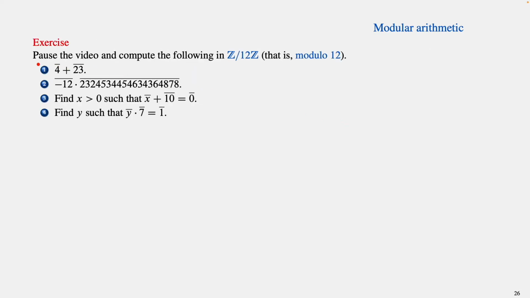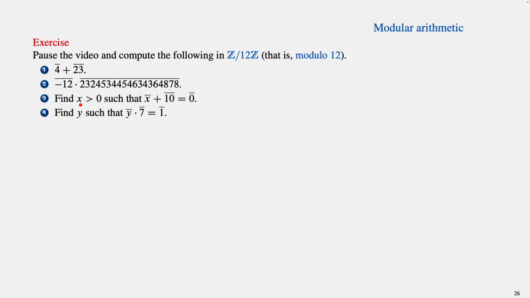Now, an exercise for you. Pause the video and compute in Z over 12Z the following things. Add 4 plus 23, or rather the equivalence class of 4 and the equivalence class of 23, modulo 12. Multiply minus 12 times this large number, or rather the class of this large number.